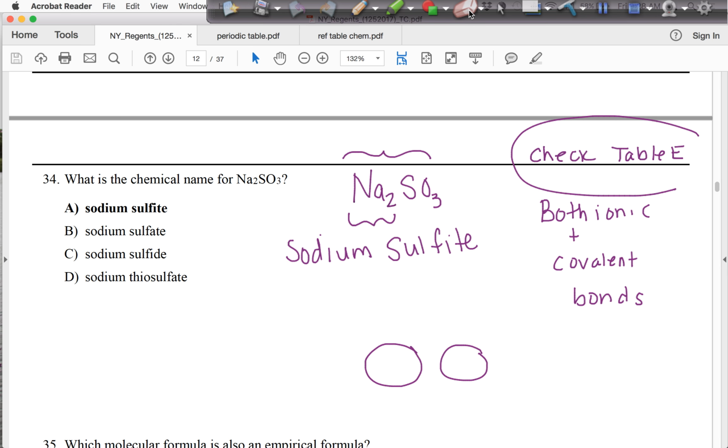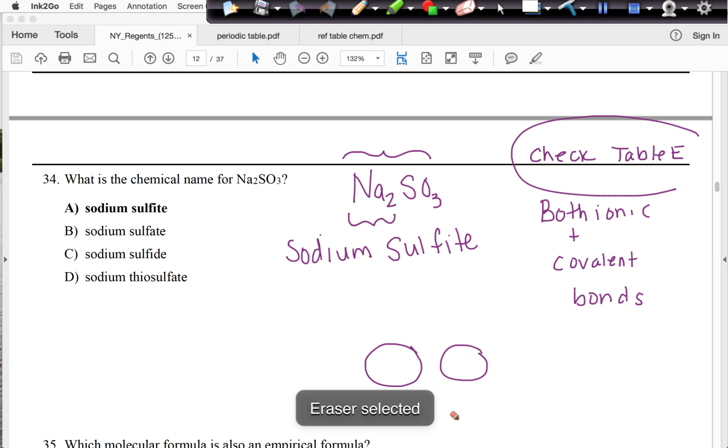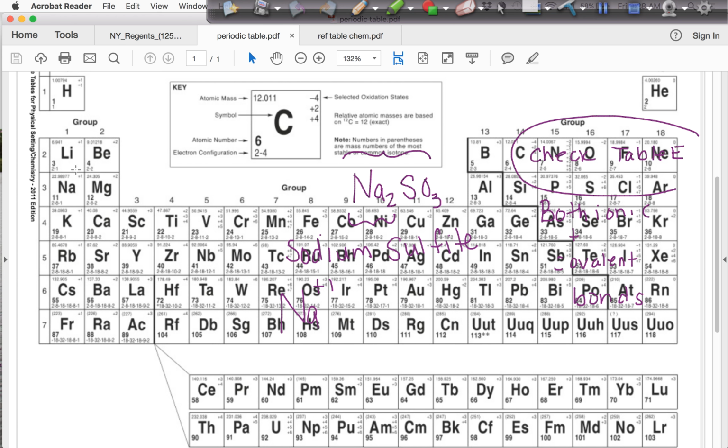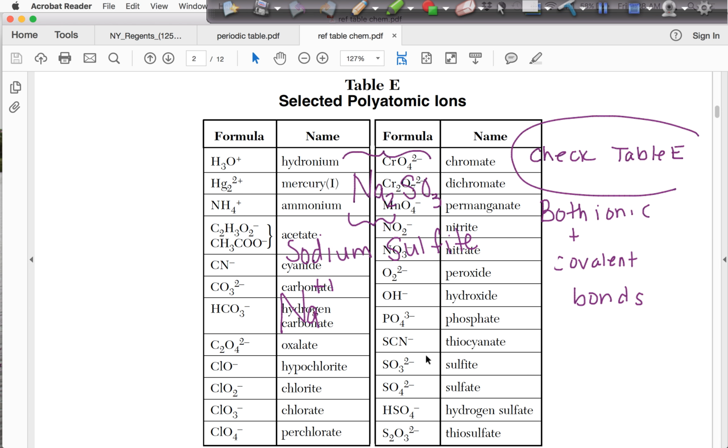The reason why we don't change the name of the sulfite is that anything on table E will automatically keep that part of the name. That part of the name that's on table E never changes. And the reason we wound up with Na2SO3 is because the sodium on the periodic table has an oxidation number of +1, and on table E, the sulfite has an oxidation number of -2.